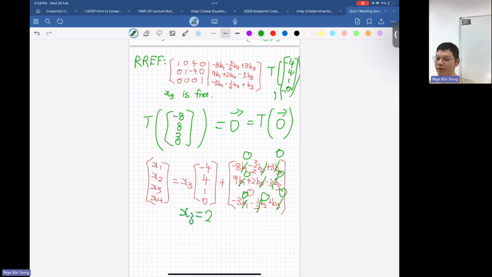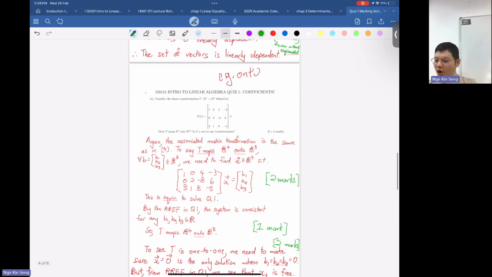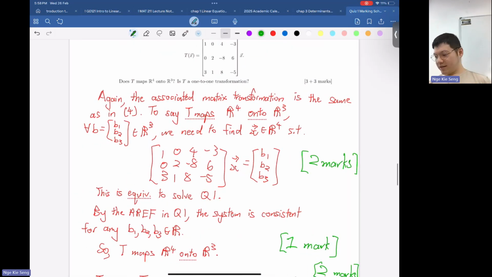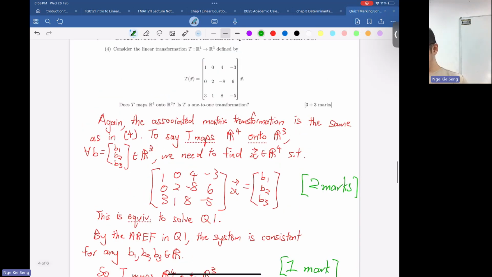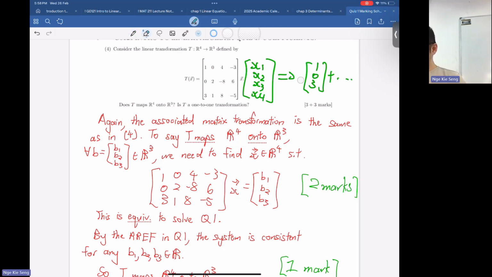One myth here on onto: a lot of you, I think, panic in the exam. What you do is you just give x1, x2, x3, x4, and then you multiply it out, and then you say that this one lives in R3, so it is onto.